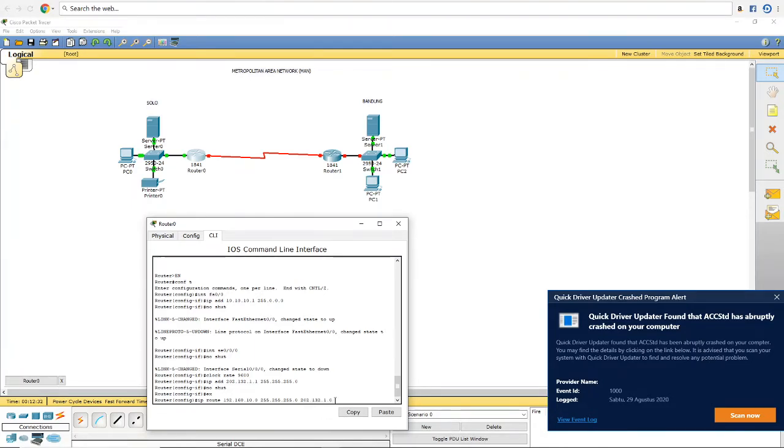For the IP route command, we are using the IP address for LAN Bandung and then the subnet mask, and then the IP address of the next hop to connect Solo and Bandung.